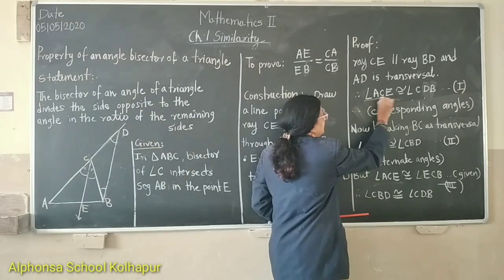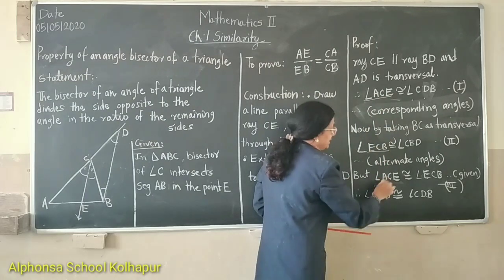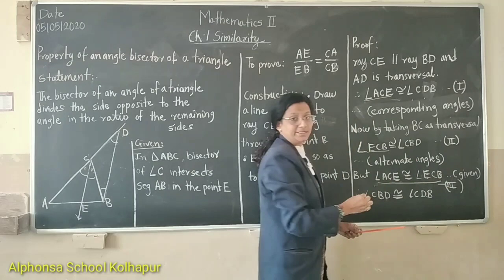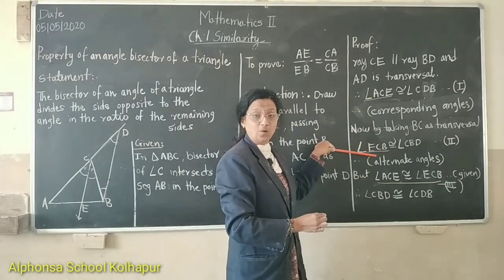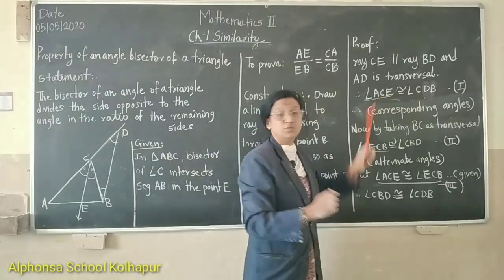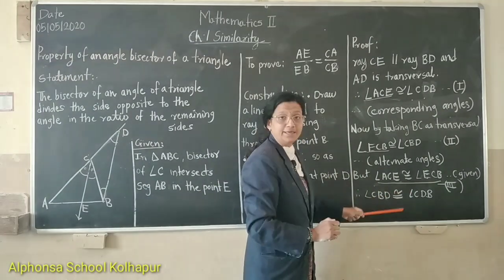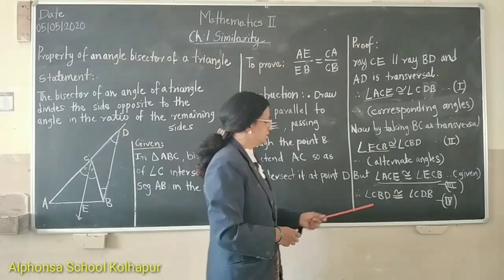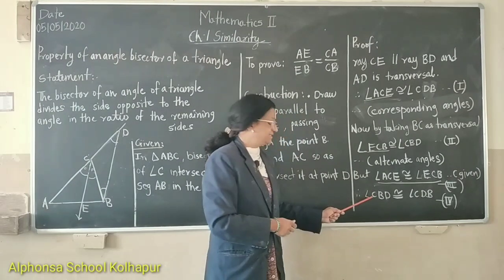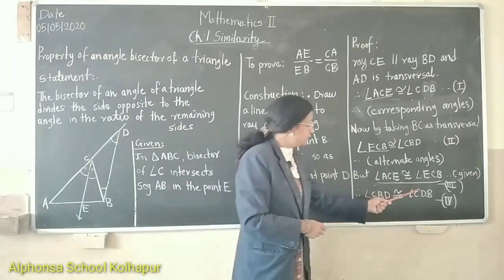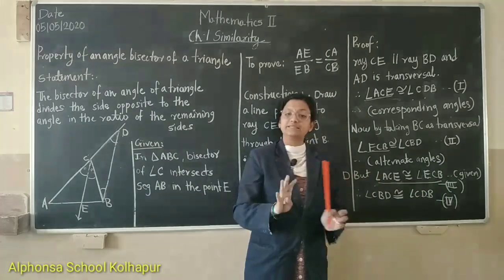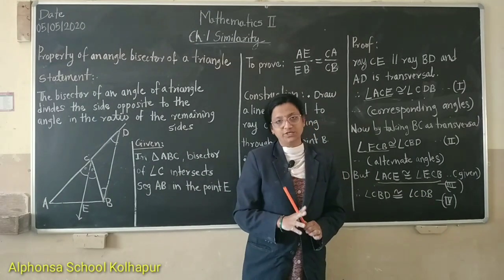ACE and ECB are congruent. As left hand sides are congruent, the right hand sides will automatically be congruent. So, that we will write in statement 4. So, angle CBD is congruent to angle CDB, that we will mark as equation 4.